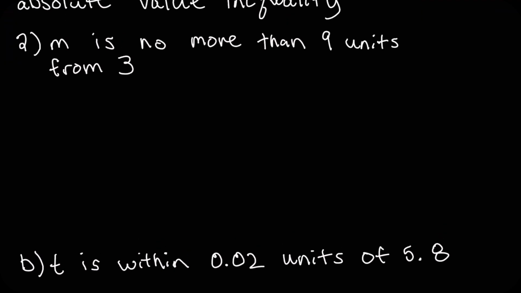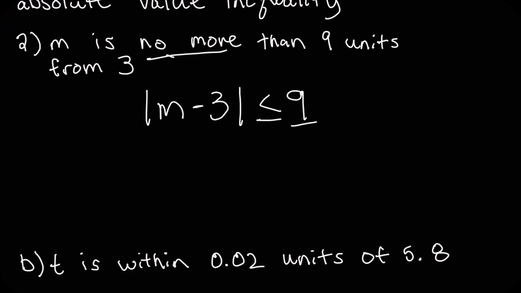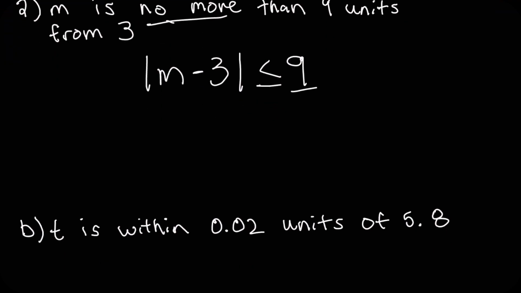So we know that we'll have the absolute value of something, and then this keyword no more tells us that we're going to be using a less than or equal to, and we have 9 units. So m is no more than 9 units from 3, and that will be our solution here.